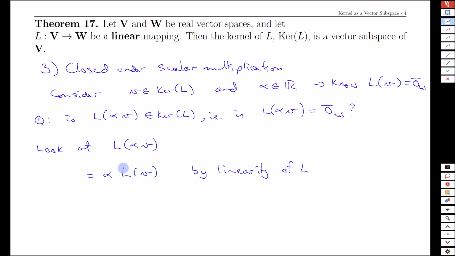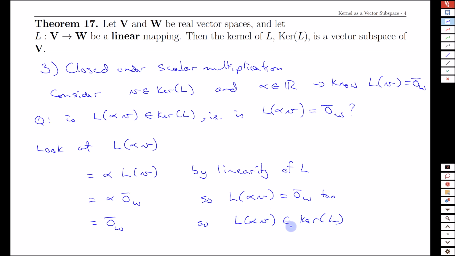But now we've isolated L of V by itself. Well, we know that is the 0 vector in W. And we also know that if we take the 0 vector times any scalar, we get the 0 vector again. And that means that L of alpha V is the 0 vector in W. So L of alpha V is in the kernel of L. It gets mapped to the 0 vector too.